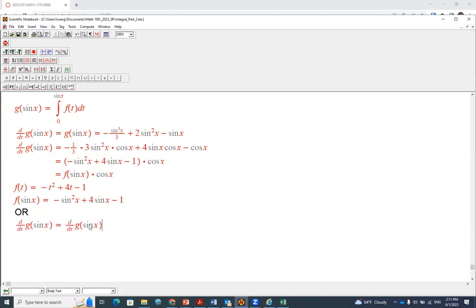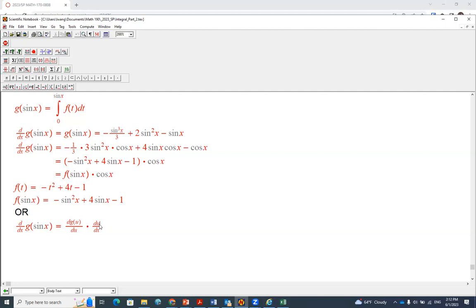So what I would do is G of U, where U is sine X, with respect to du, multiply derivative of u with respect to x.